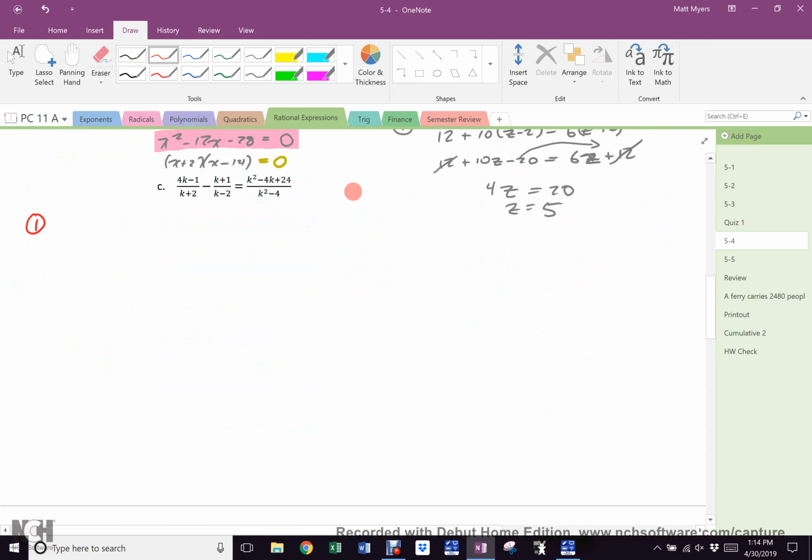Where can I factor here? Anywhere on the left? Anywhere? No, only on the right, correct? So, 4k minus 1 over k plus 2 minus k plus 1 over k minus 2 equals. I can factor that. What is it?